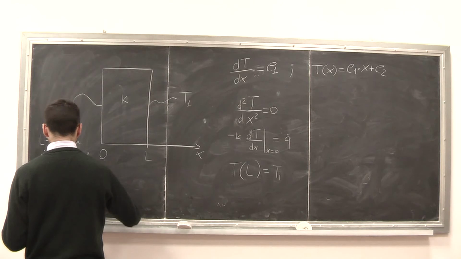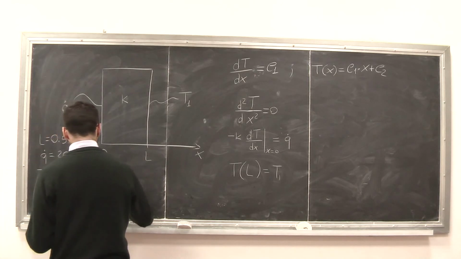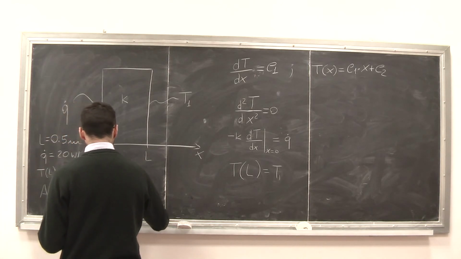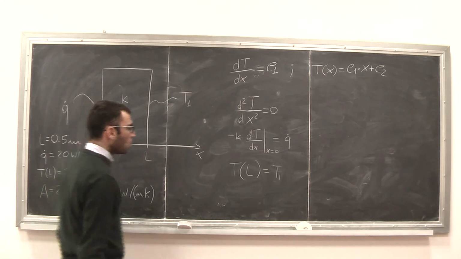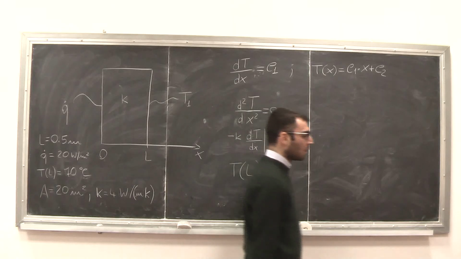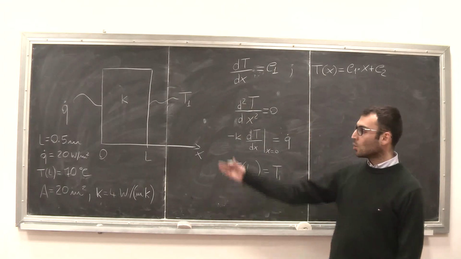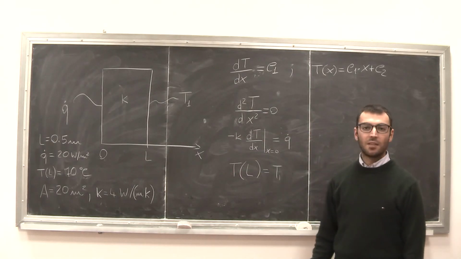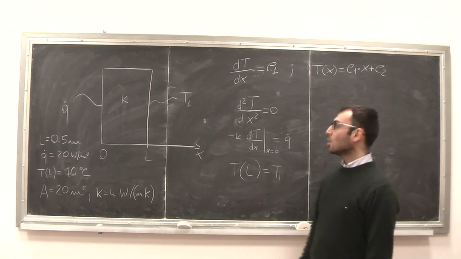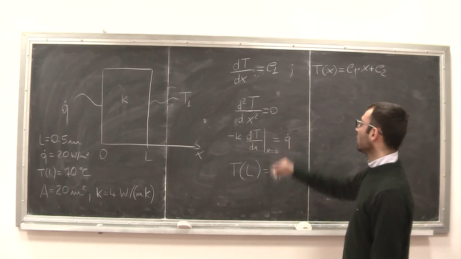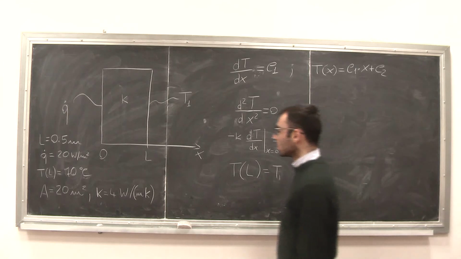Moreover, k is 4 watt per meter Kelvin. So we want to solve a practical problem because we have our physical data. In order to solve our problem, we need to impose the boundary conditions.